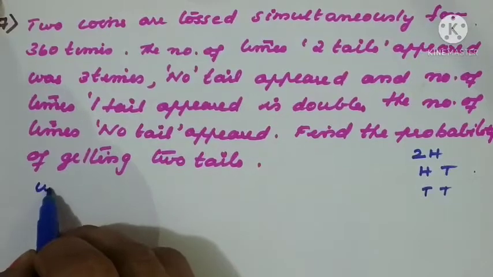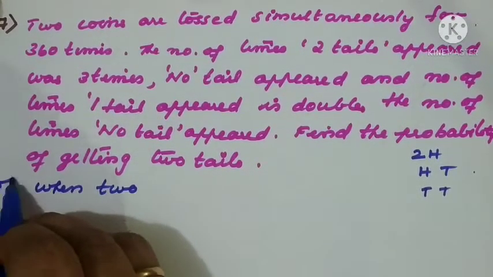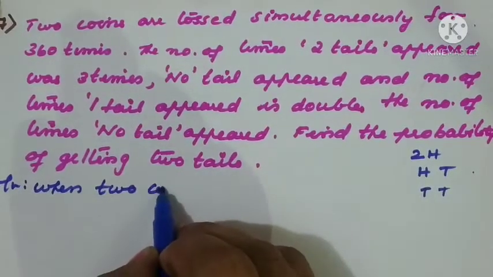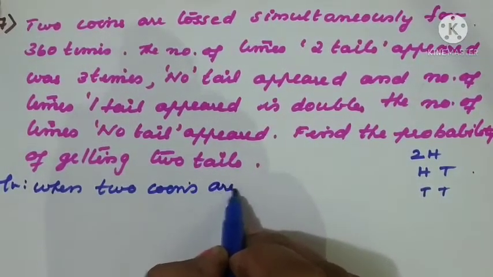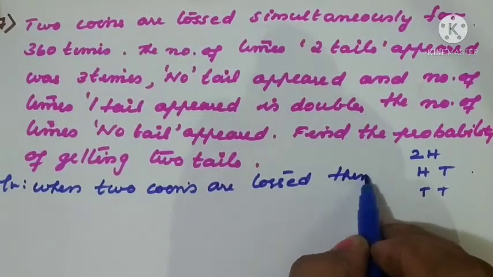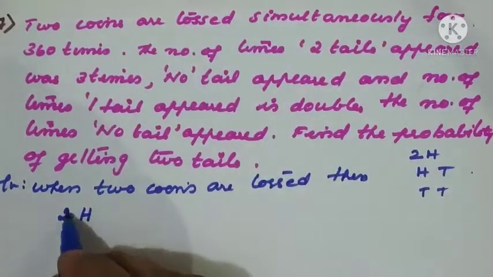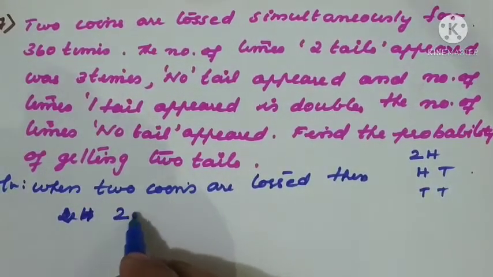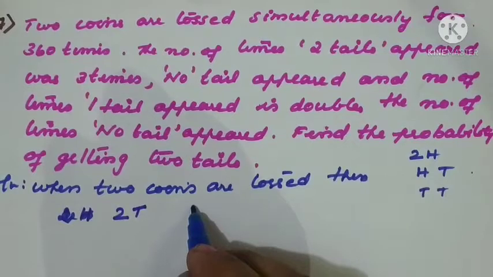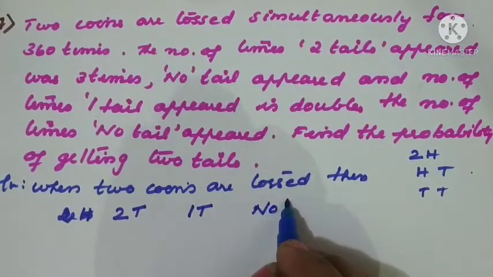When the two coins are tossed, what are the cases we are having? Two head, okay, tail only it is asked, so we'll write two tail, then one tail, next no tail, that means zero tail.